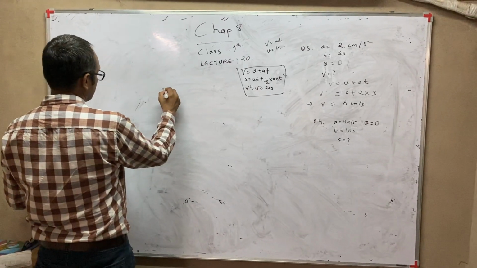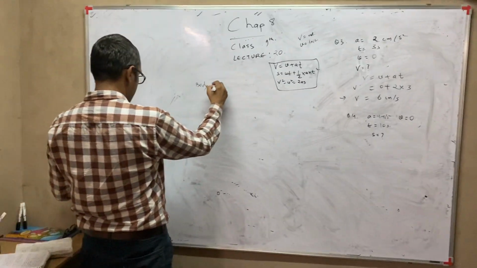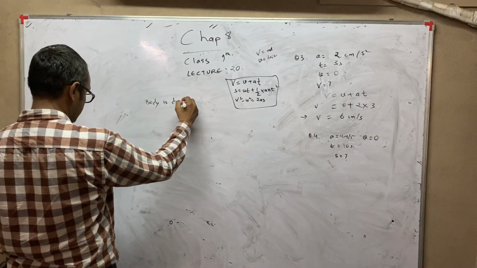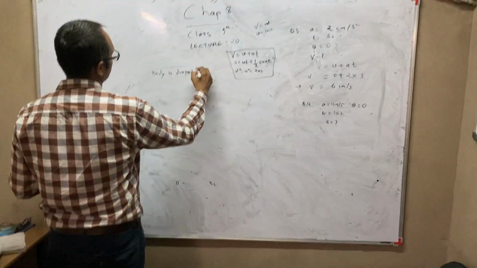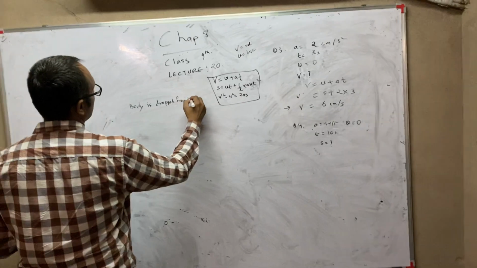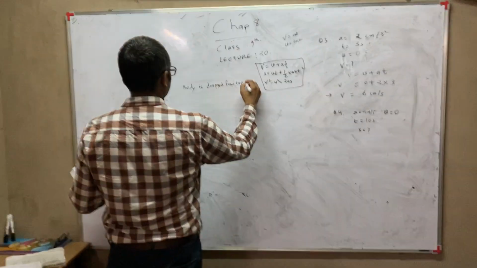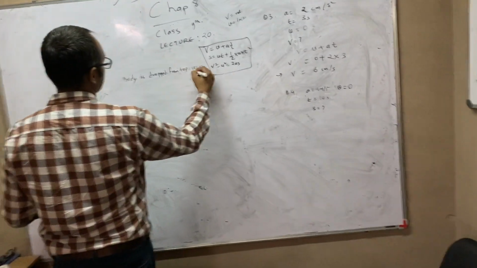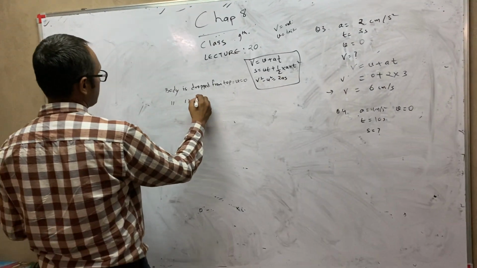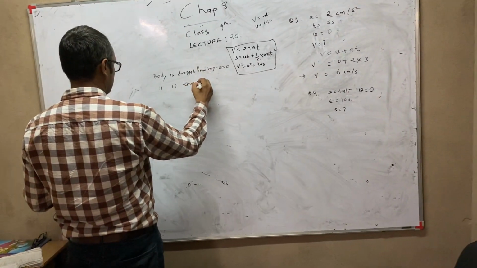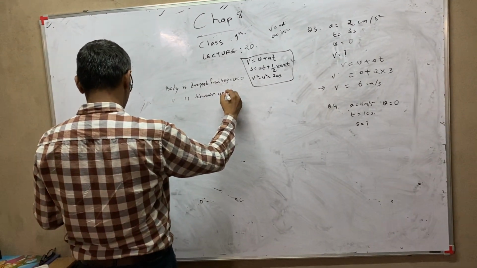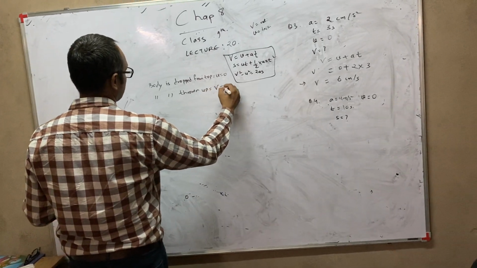When a body is dropped from the top, then we take u equal to 0. When a body is thrown up, we take v equal to 0.